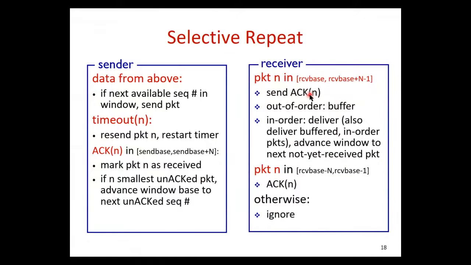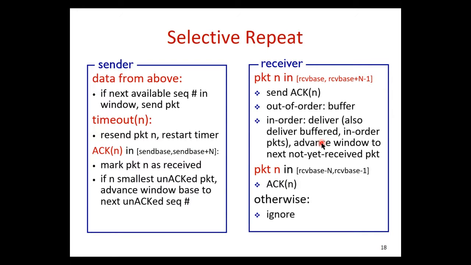At the receiver, it receives a packet n that falls within the receiving window. This is the receiving window. Then it will send the ACK of n. If the packet is out of order, it will buffer the packet. If the packet is in order, it will deliver the packet. In this case it may deliver multiple packets.